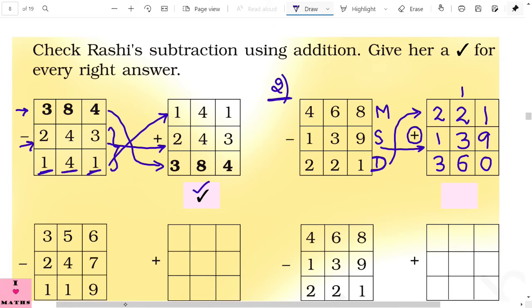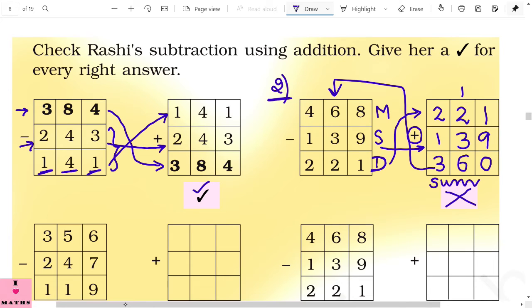So this is the sum. The answer of addition is called the sum. Now this sum is not equal to this minuend. It means Rashi has done her subtraction sum incorrectly.